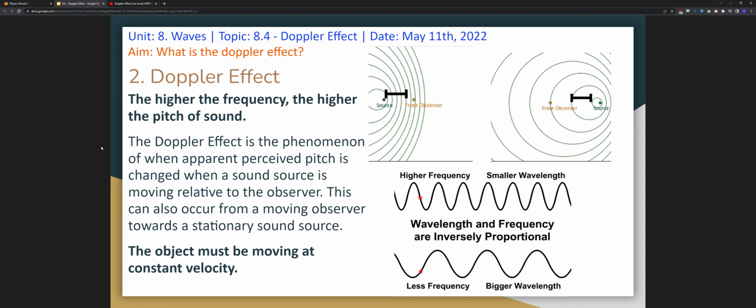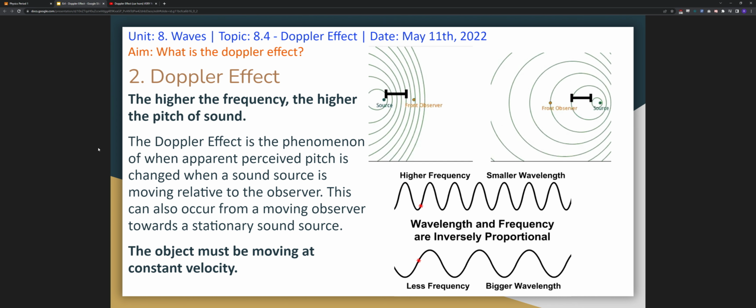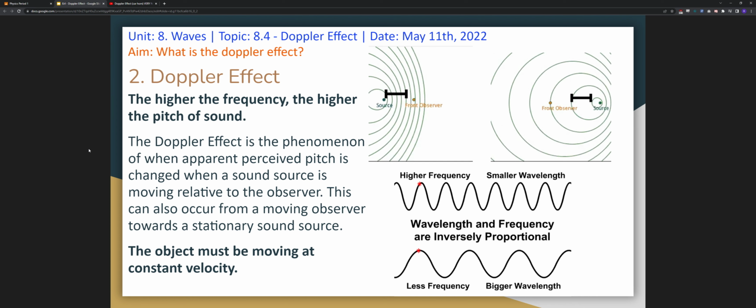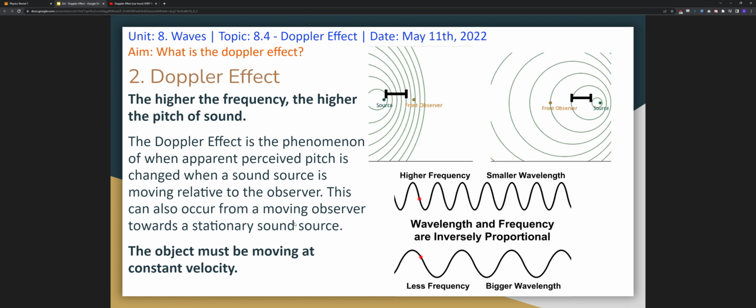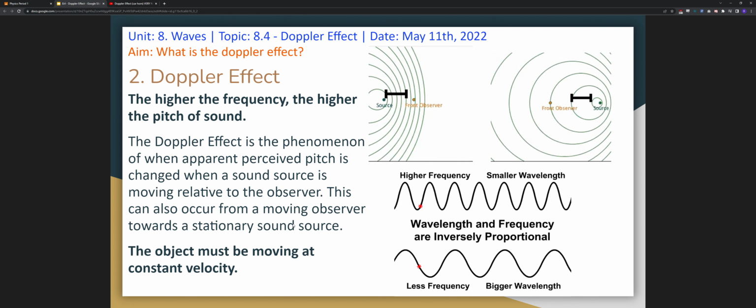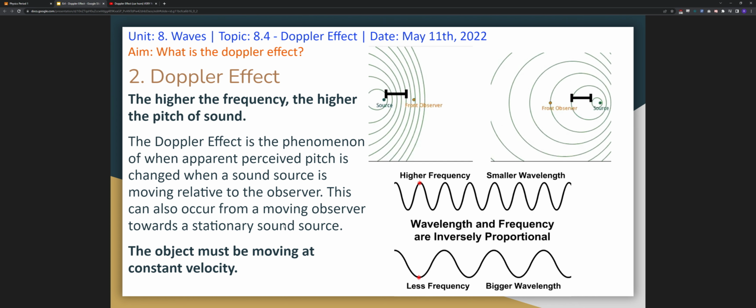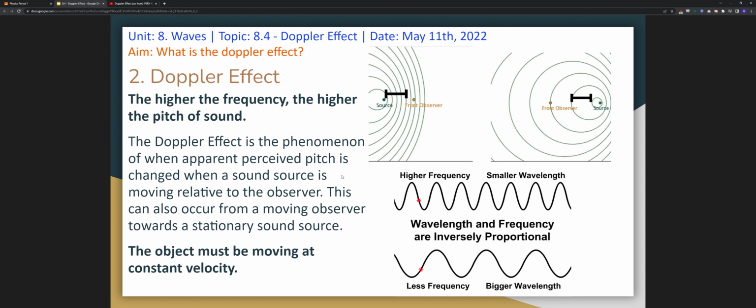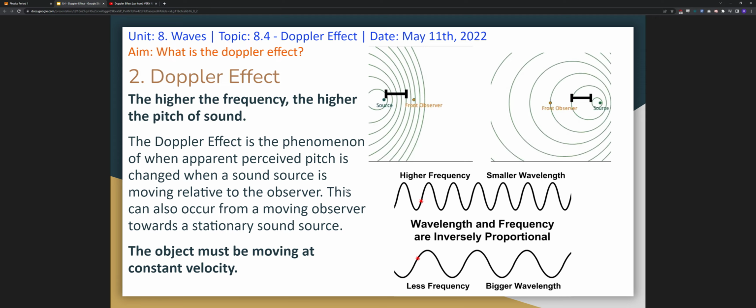When they move away from you, you hear a lower pitch because you have a lower frequency of sound waves. That's why things have a higher and lower pitch, as you have observed in real life.